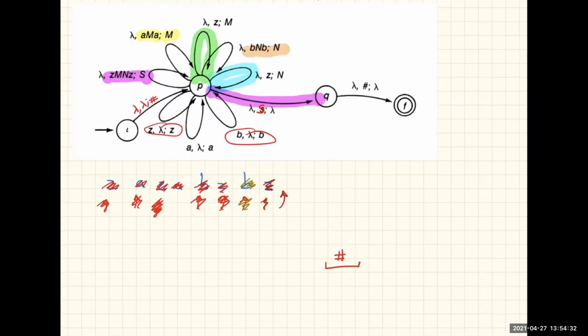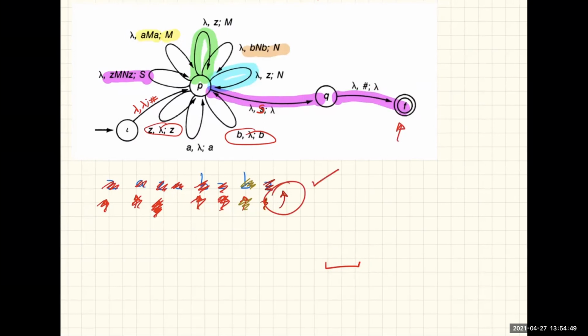And then we can consume the hash. And we have reached both an accept state and the end of string, meaning this string is accepted.